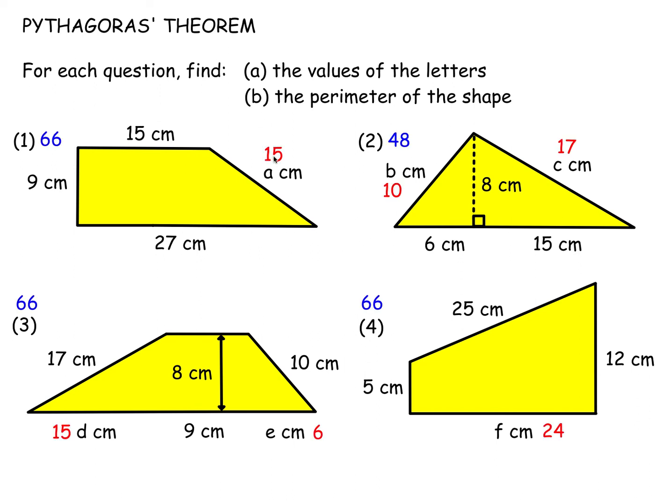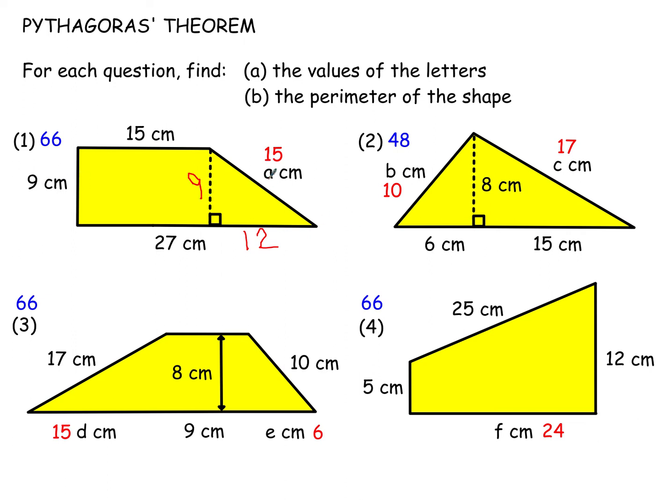So A is 15, add up the outside edges, the perimeter is 66 centimetres. There was the right angle triangle. What you would have to calculate before you could use Pythagoras is that 27 minus this 15 made that edge 12. That height is 9, just the same as this 9 here.